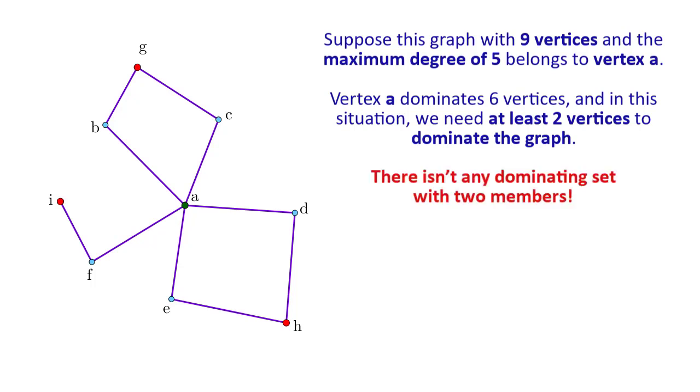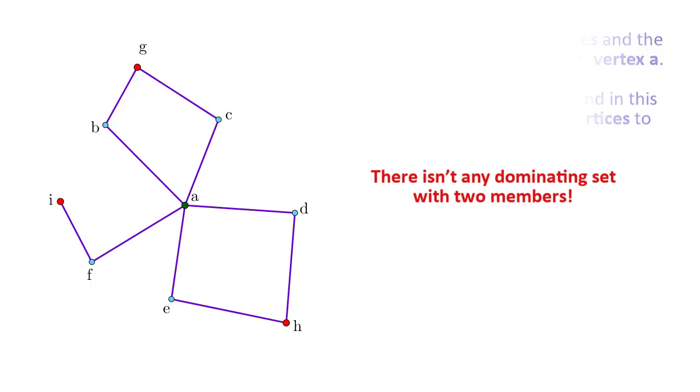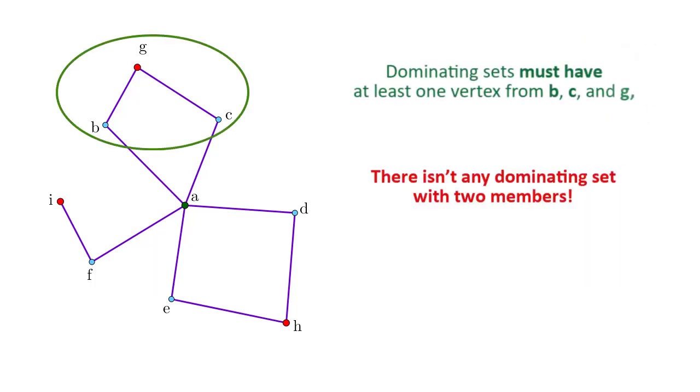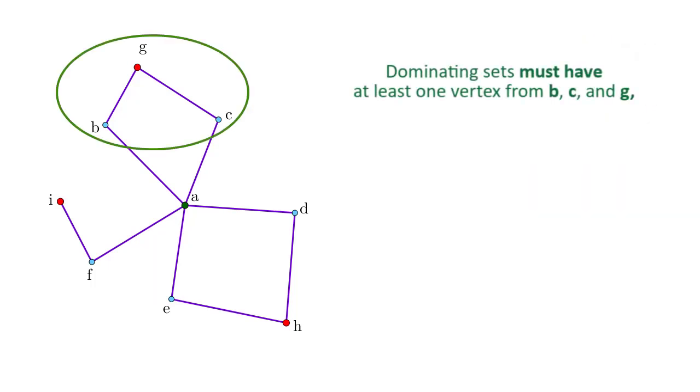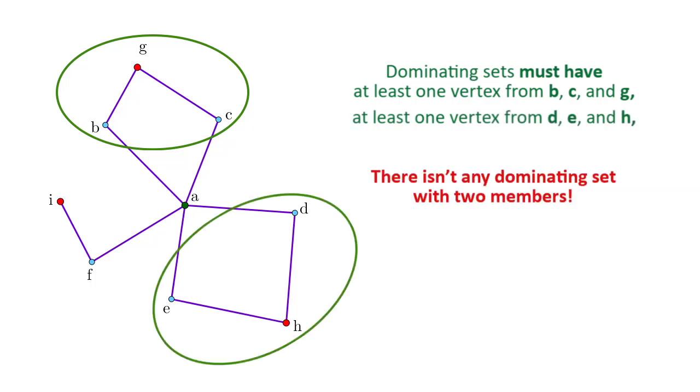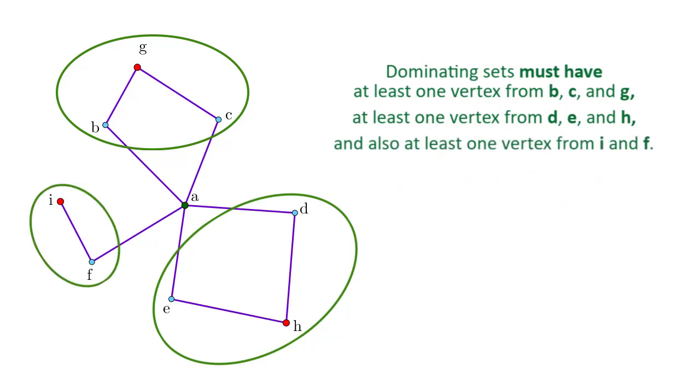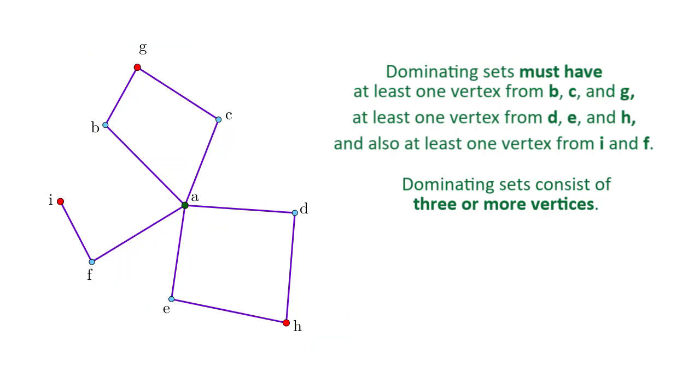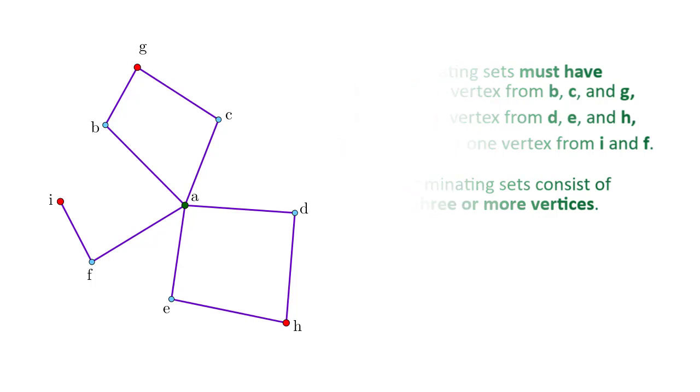In fact, dominating sets must have at least one vertex from B, C, and G, at least one vertex from D, E, and H, and also at least one vertex from I and F. So, dominating sets consist of 3 or more vertices. I leave it for you to find a dominating set with the minimum number of members.